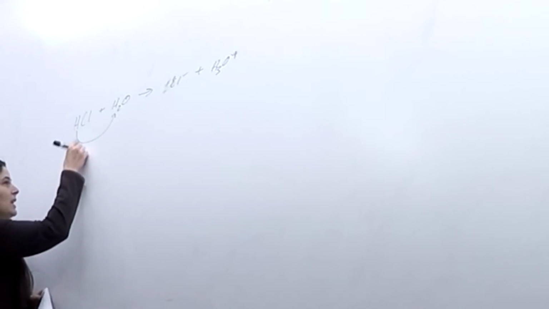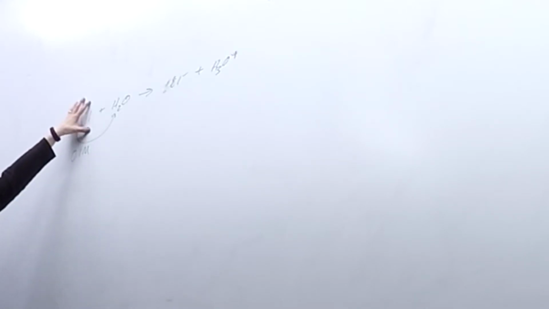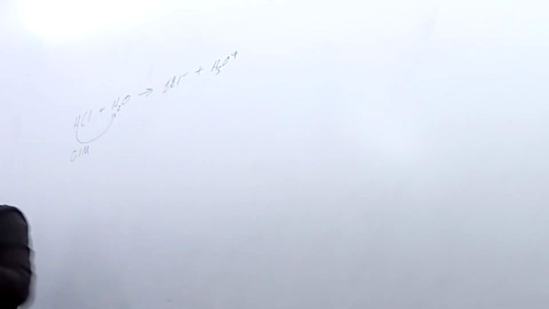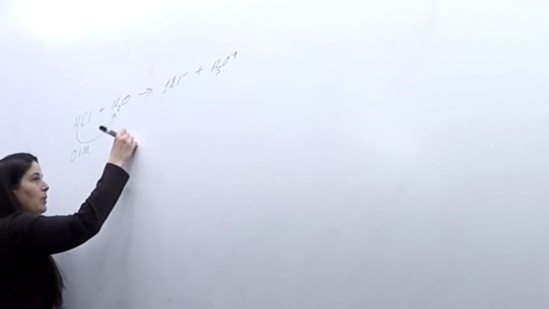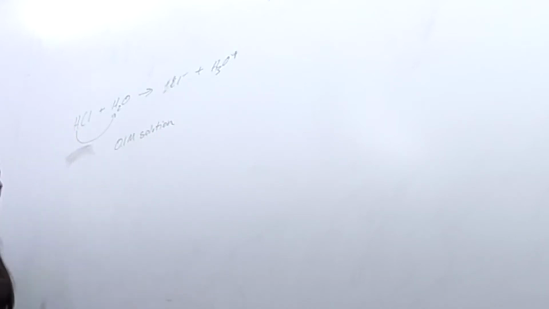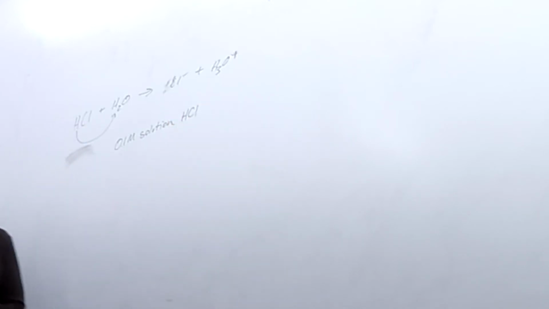Well, the good thing about the strong acids is that they're going to completely dissociate, which now means that if we have an HCl and we have the initial concentration of the HCl at 0.1 molar, so of course this is the solid version of it, but when we put it in the solution we are creating a 0.1 molar solution. So it is a 0.1 molarity solution of HCl.